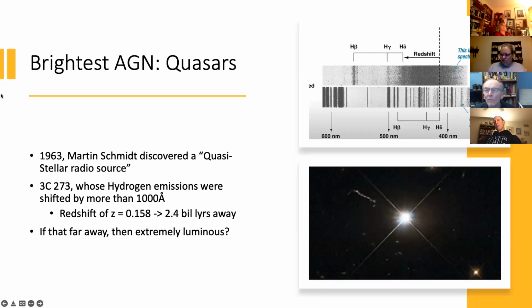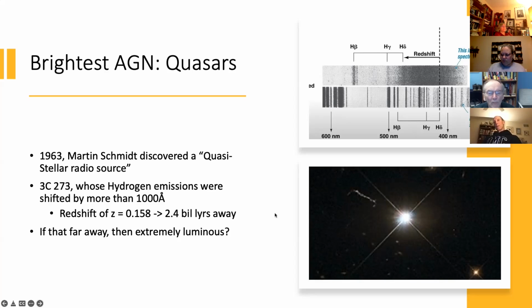A quasar is kind of a misnomer. It was coined in 1963 by Martin Schmidt as a quasi-stellar radio source. It's quasi-stellar because it looks exactly like a star would. The only difference is all the things I've talked about before: it emits light over the whole electromagnetic spectrum, it's extremely bright, things like that.